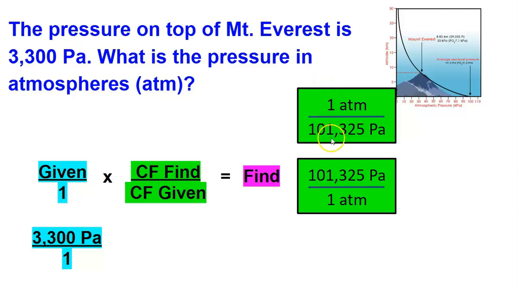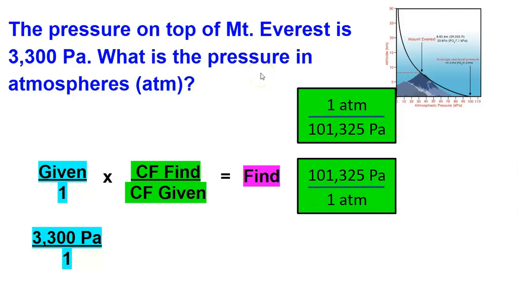Both of these fractions are an expression of the conversion factor to and from atmospheres in pascals. However, only one of them will allow us to convert from pascals to atmospheres. Can you guess, based on the information of the setup shown here, which one we would use, the top one or the bottom one?